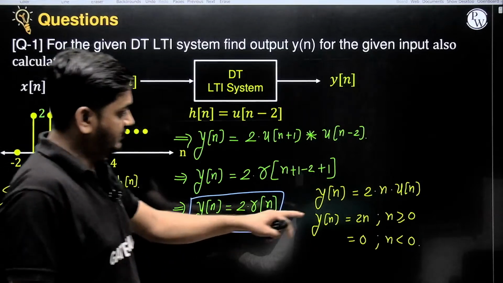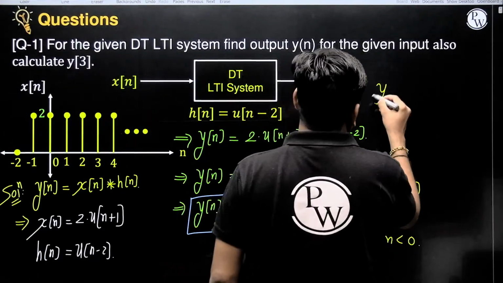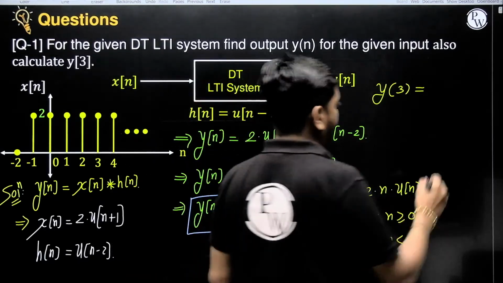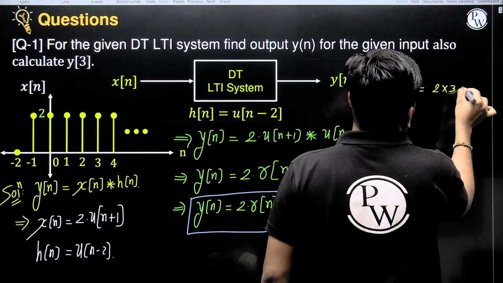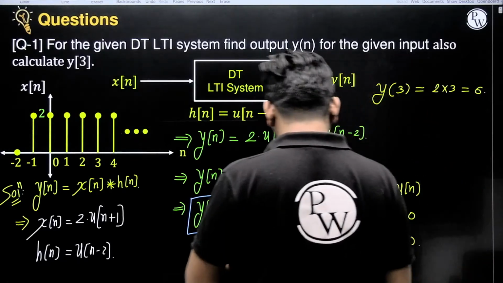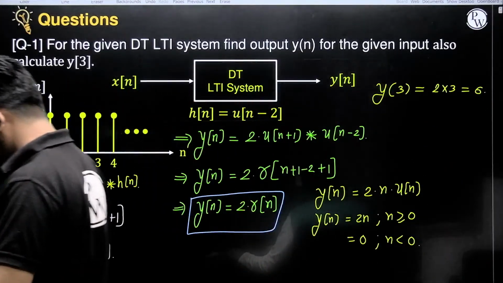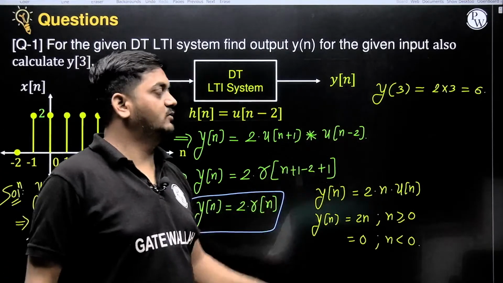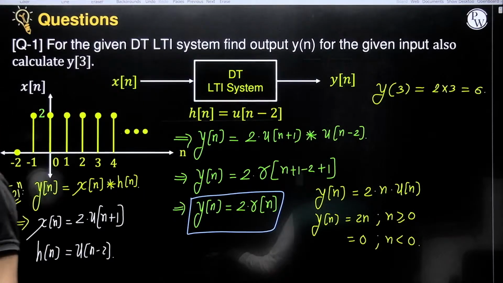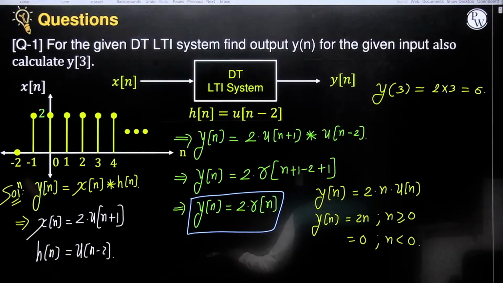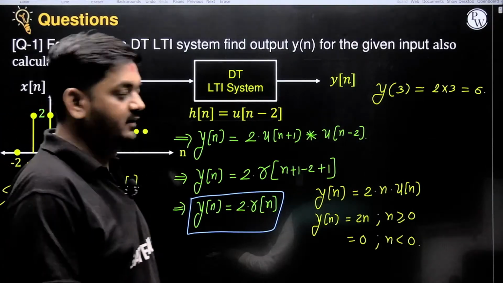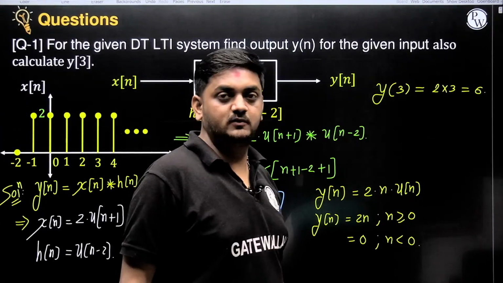So y of 3, put n equal to 3 here, so 2 into 3 is 6. So it is a numeric answer type question, y of 3 is equal to 6. I hope all the students are getting it.